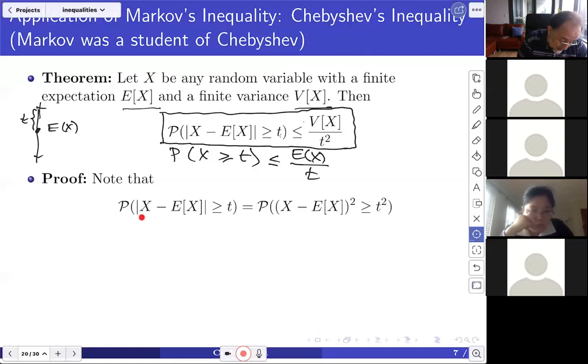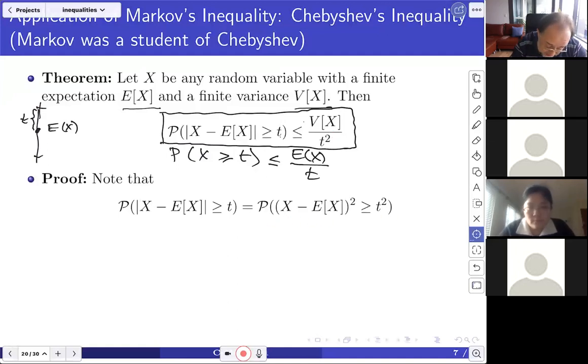So you see, first we notice that what's inside of the probability operator, the absolute value of x minus expected value of x being bigger or equal than t, holds exactly in case the square of this is bigger or equal than the square of t, right? So this is exactly the same as this here.